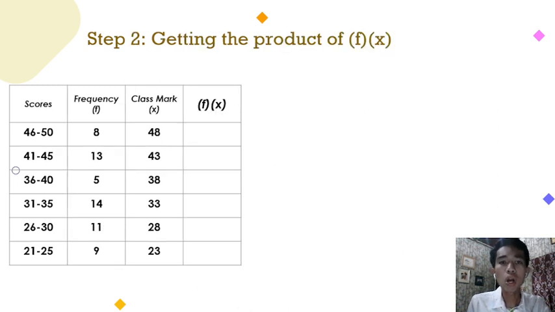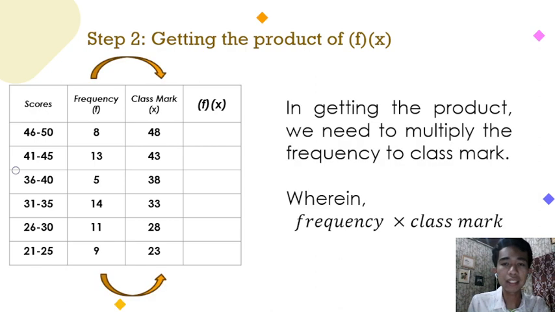Step 2, we need to get the product of f and x. In getting the product, we need to multiply the frequency by the class mark, wherein our formula here is frequency times class mark.